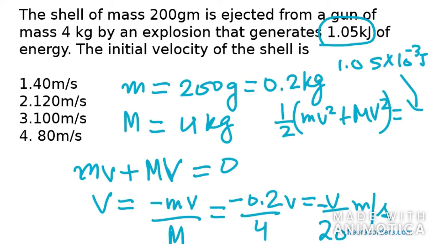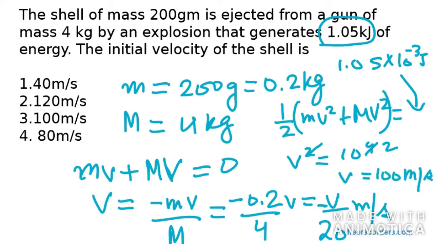So when you put all the values of m, v and all, you will get v square as 10 raised to power 4, and we can take the square root, so it will be 10 square. So that means 100 meter per second. So the right option for this is the third one.